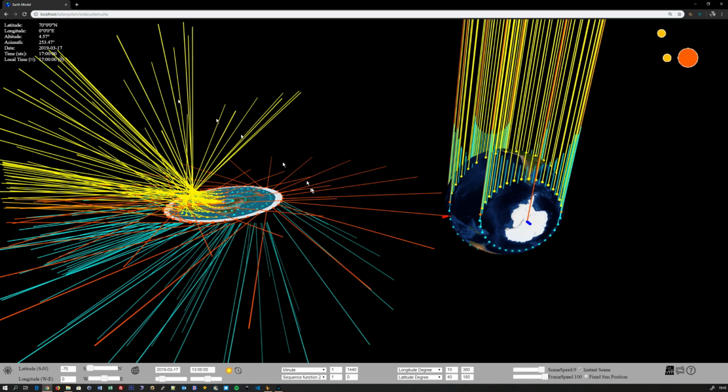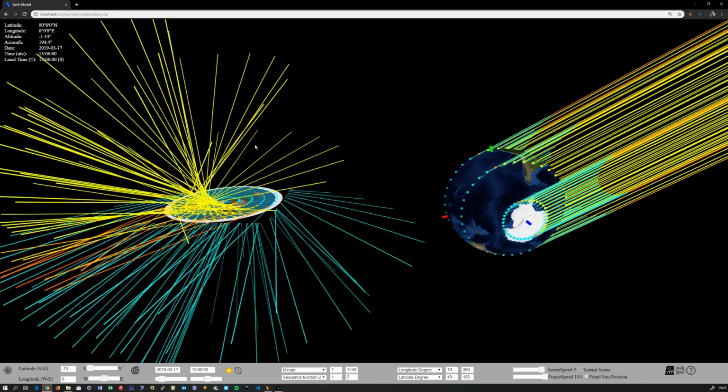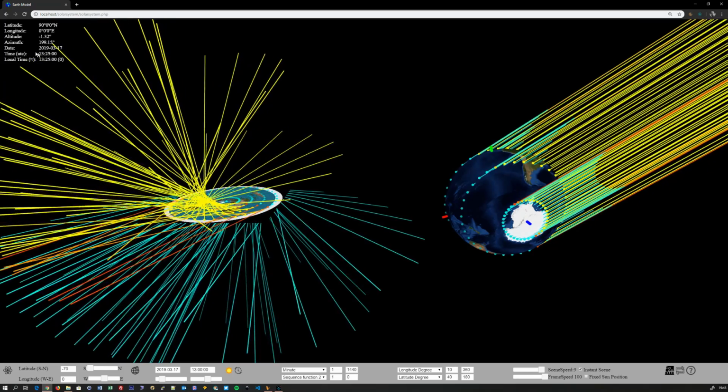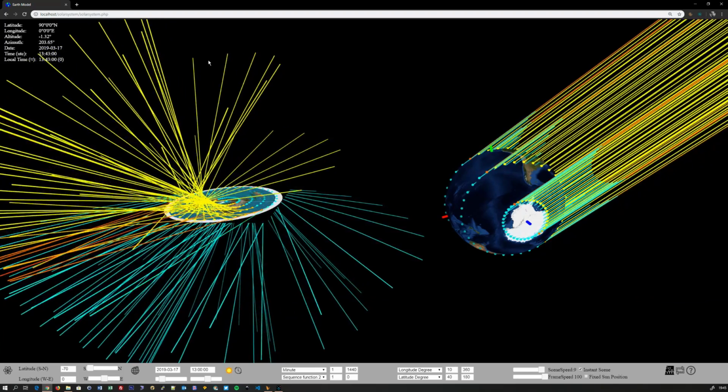So what happens when you gradually do it? It has to do some calculations now, because it's pretty heavy. This is during 1 hour, just 1 hour.